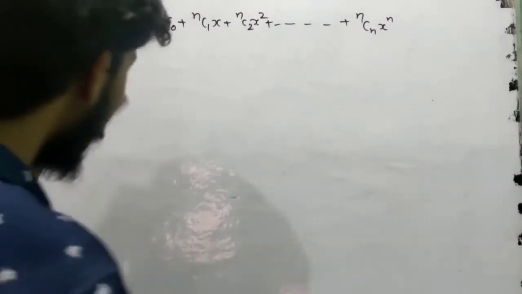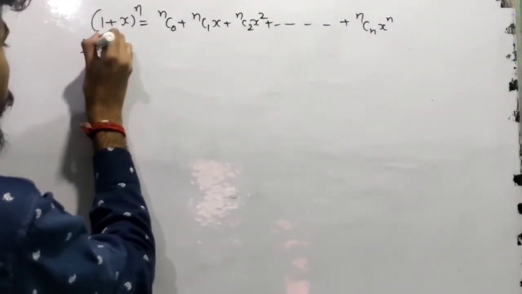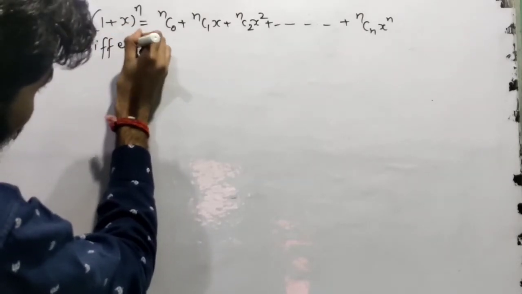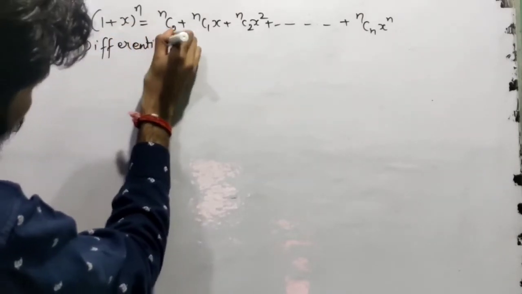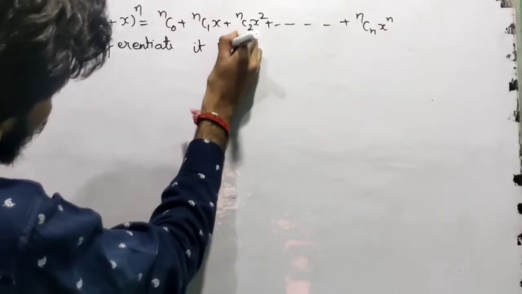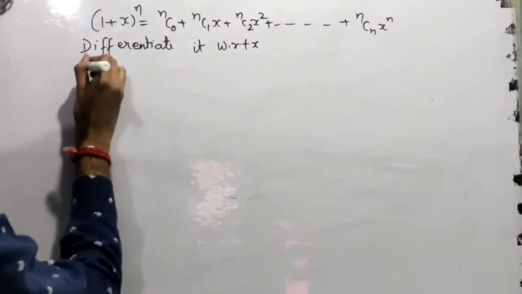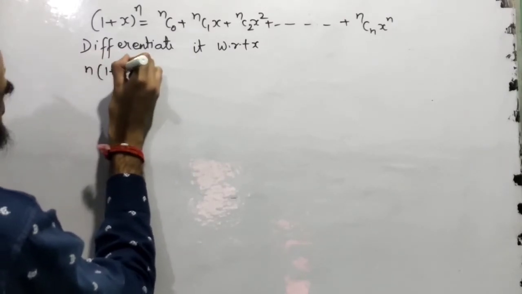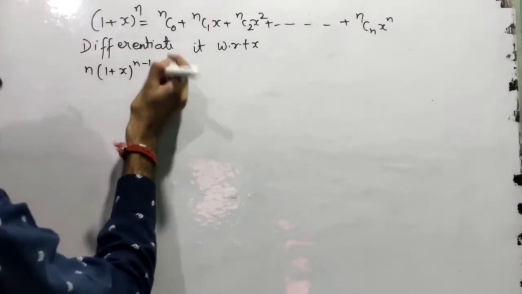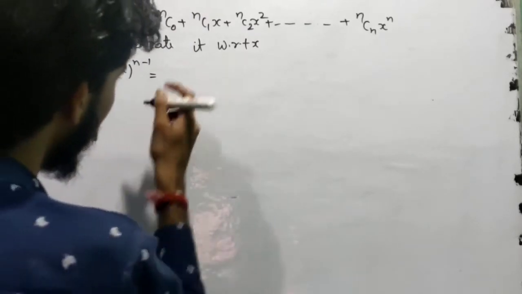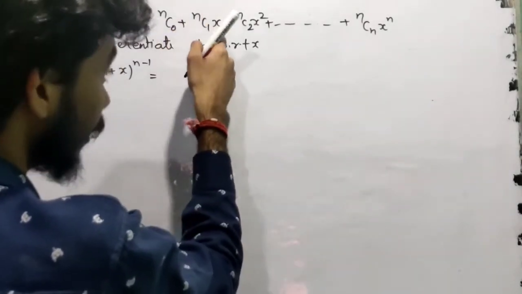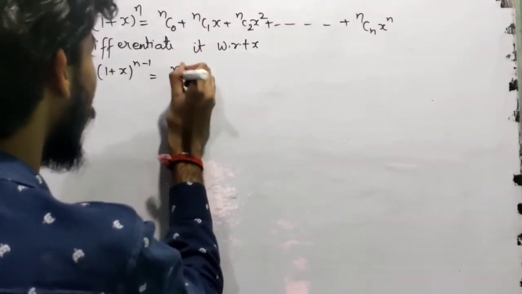So how am I going to use it? First, differentiate this with respect to x. The differentiation of (1 + x) to the power n is n(1 + x) to the power n minus 1. nC0 is a constant term, so its differentiation is 0, and the differentiation of x is 1, so it becomes nC1.